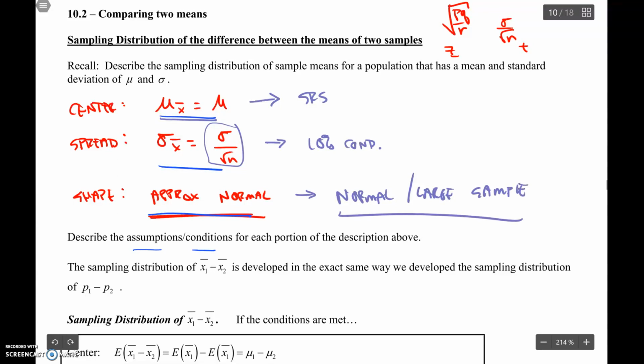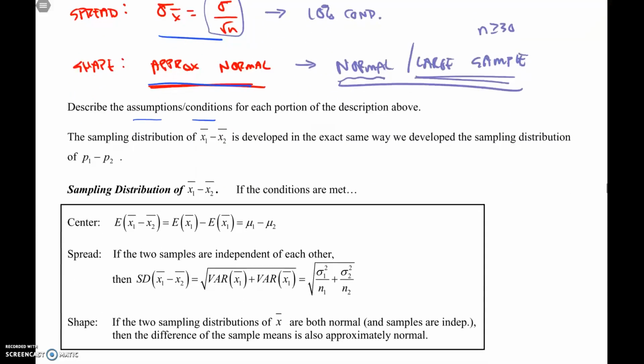Here, the original distribution needs to be normal, then you're good for any sample size. If you're not good here, then you've got to look at the large sample. If your original distribution is not normal, then hopefully your sample is bigger than 30, then you're okay. If not, you might have some problems.